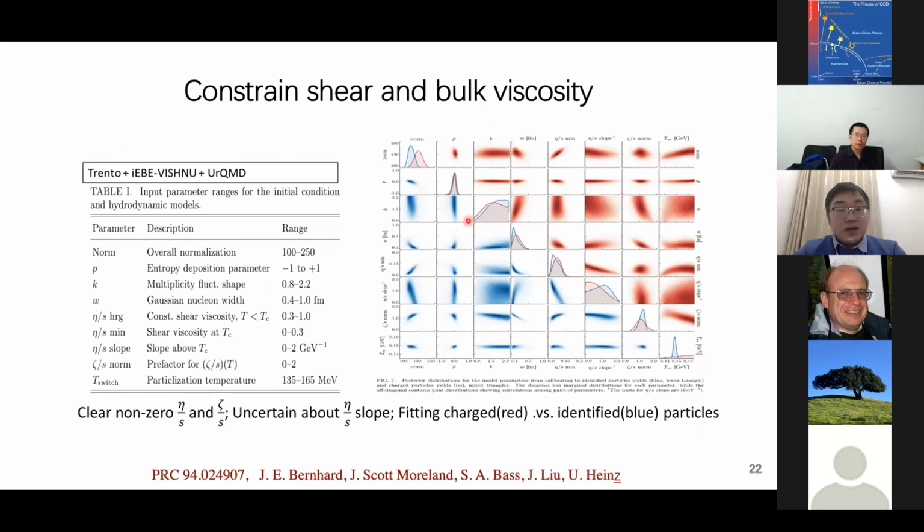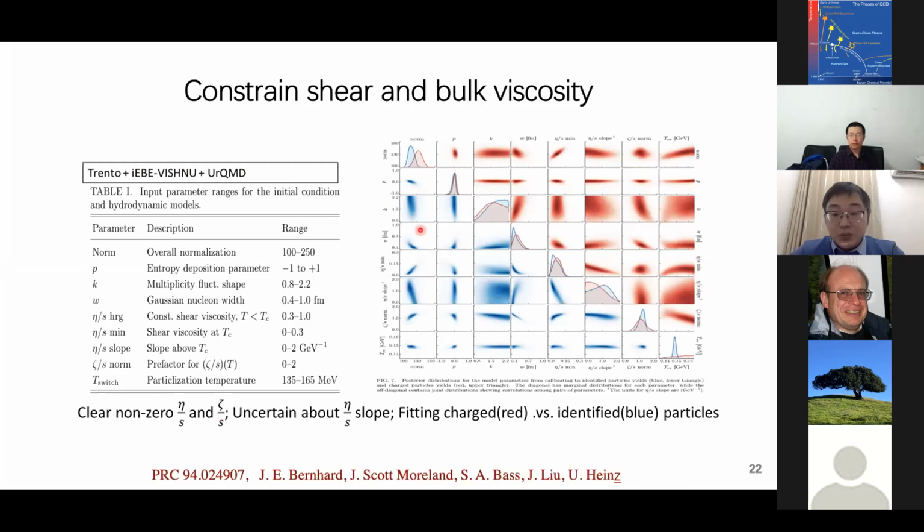Another famous application is using Bayesian analysis to constrain the shear and the bulk viscosity. The model is Trento plus iEBE-VISHNU plus UrQMD. Using this Bayesian analysis, clear non-zero shear and bulk viscosity are found. As you can see, there are clear peaks.